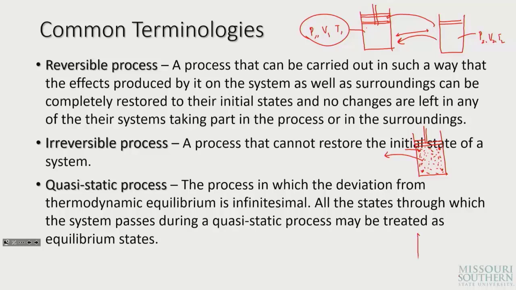So when you go from one state to another in a small step, pulling it by a very small amount, during that time there would be a little bit of variation in the thermodynamic variables in the system.